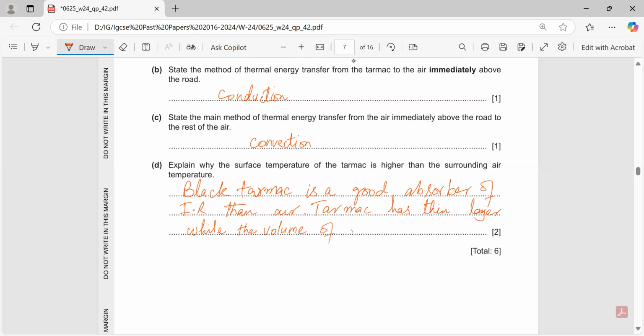So these are the two reasons that the temperature of the tarmac is getting higher as compared to the surrounding air. One, black tarmac is a good absorber of radiation. That's where its temperature goes up. And second, the quantity of tarmac is much smaller as compared to the quantity of the air. So that's why the temperature of tarmac is higher than the temperature of surrounding air.